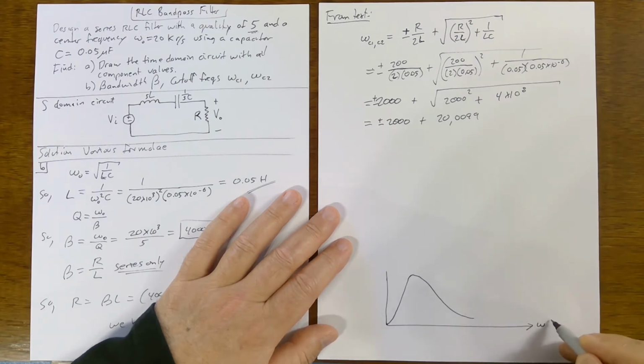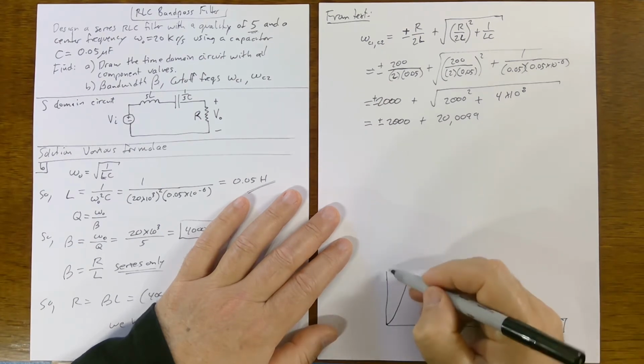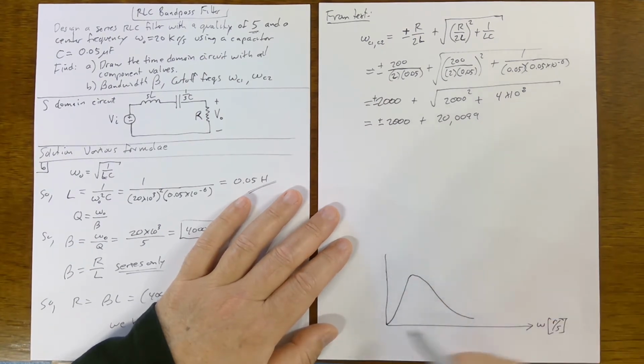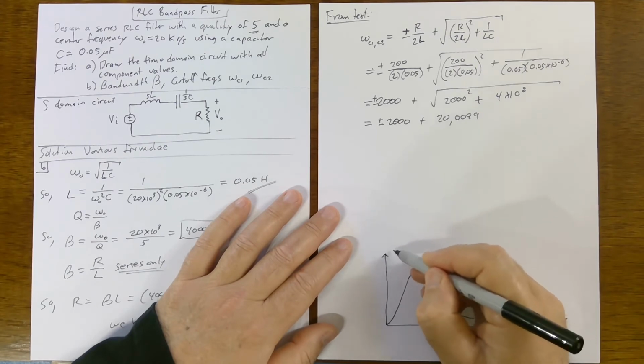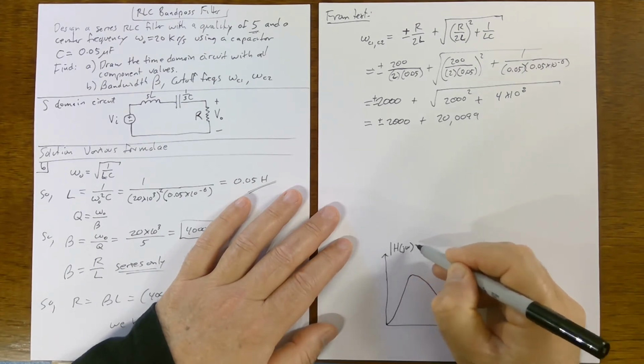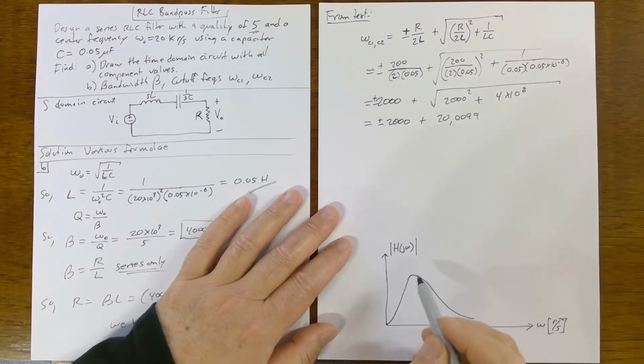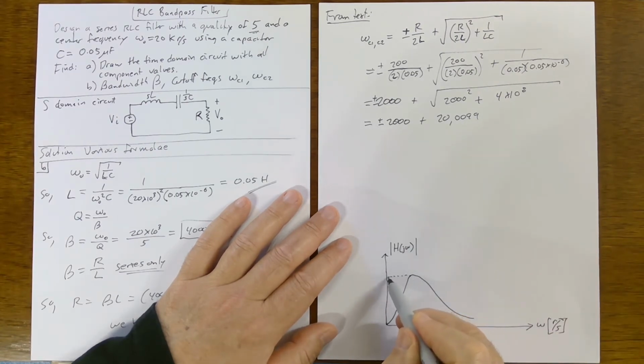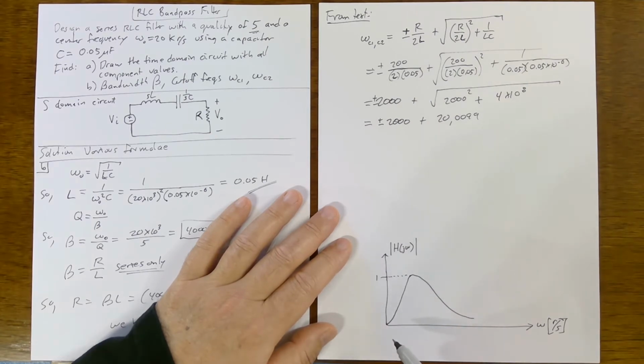This is omega in radians per second. This is the bandpass attenuation diagram. So this is the magnitude of H of j omega, the magnitude of the transfer function, or the attenuation. We call it the attenuation from 1 to 0.